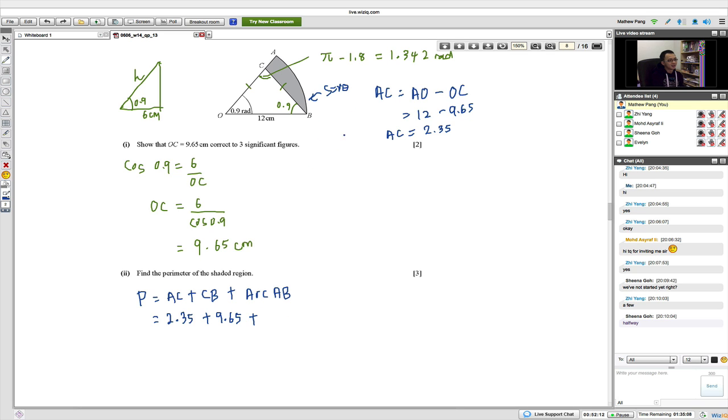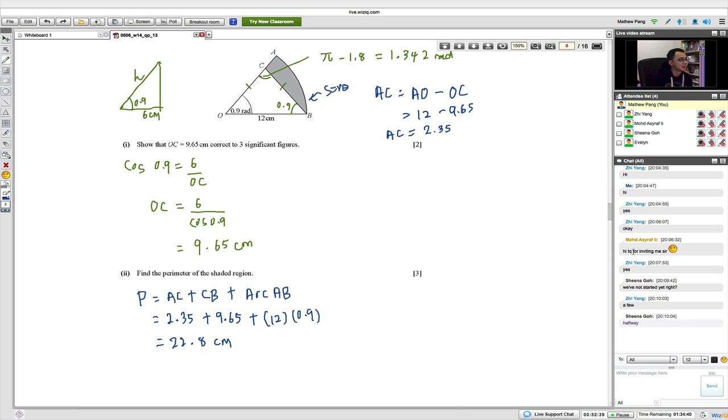So I write r theta, 12 times 0.9, substituting into the formula. I can get the perimeter, which is 3 marks: 2.35 plus 9.65 plus 12 multiplied by 0.9. So the final answer will be 22.8 centimeter. Okay, so far so good.